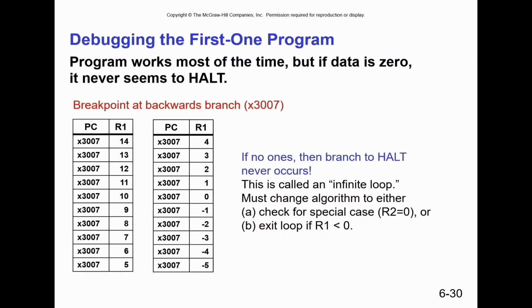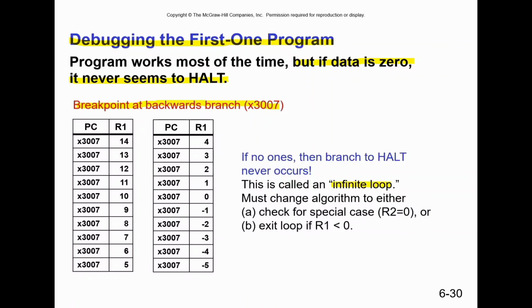Okay, next is debugging the first one program. The program works most of the time, but if data is 0, it never seems to halt. Breakpoint at the backwards branch x3007. If there are no ones, then the branch to halt never occurs. Okay, this is called an infinite loop.